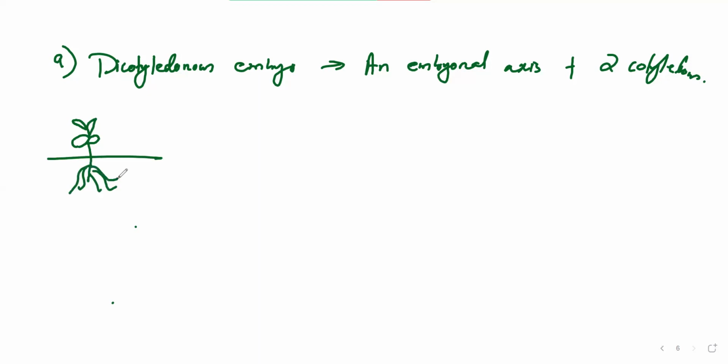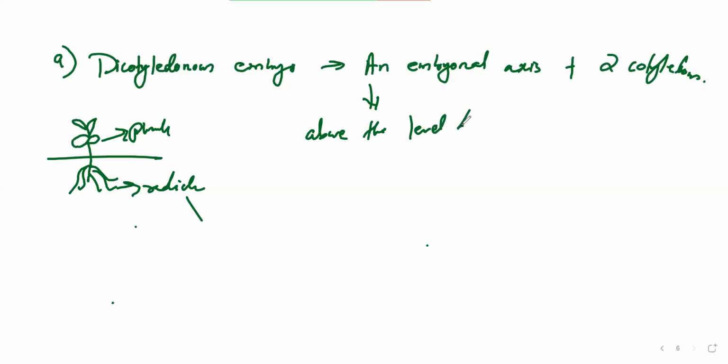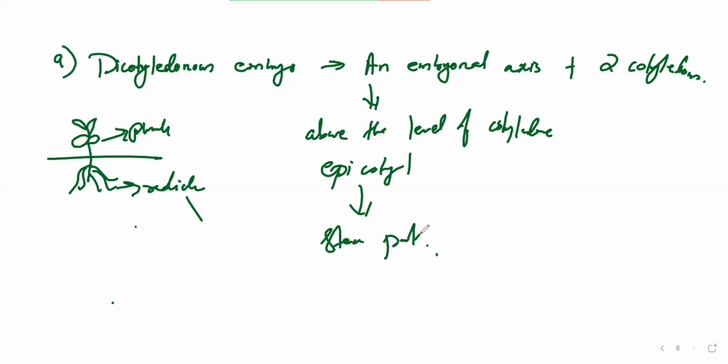So this is your plumule, and this is the root, the radicle. The little portion of the embryonal axis above the level of the cotyledons is called the epicotyl. This is going to form the stem part, or stem tip, or plumule.